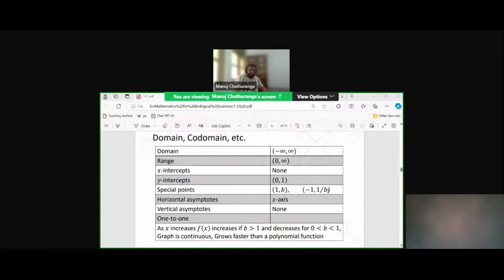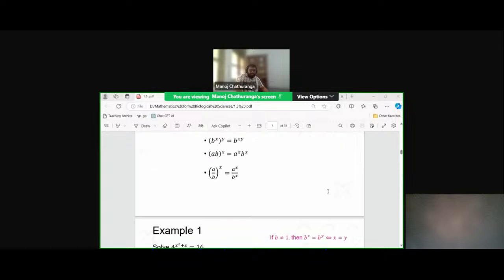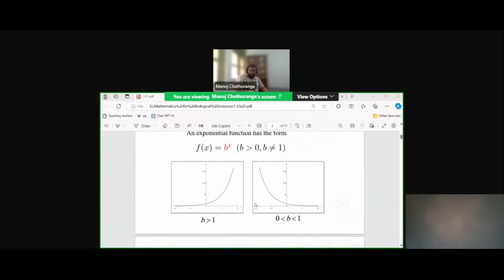So you see here in the graph, we always get positive y values for positive x values. And for negative x values, still we get positive y values. The y values decrease with negative x values, so the graph gets closer and closer to the x-axis.